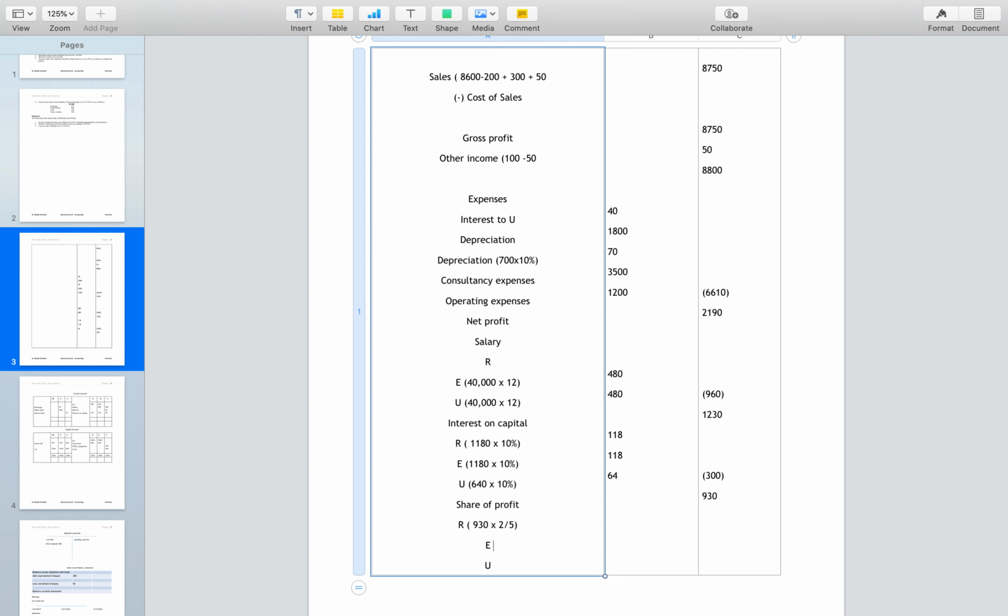Right, so guys, second person over here also now will get 930 into 2, divide the whole thing by 5. The last person guys will now get 930 into 1, divide the whole thing by 5.